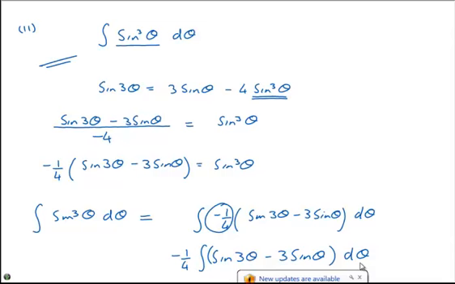Just finishing off now, so one more page. So you've got a quarter, minus 1 over 4. Just bringing it forward, lads. Integrating each part.